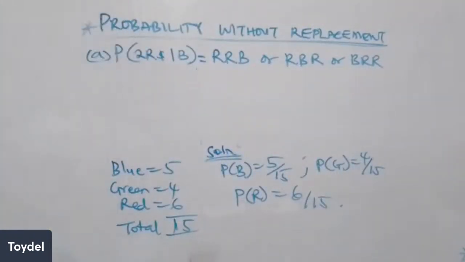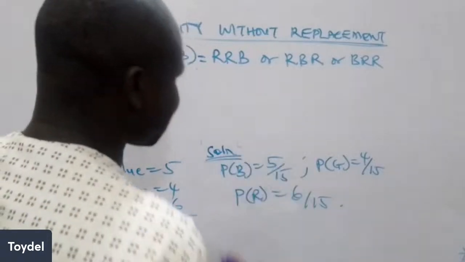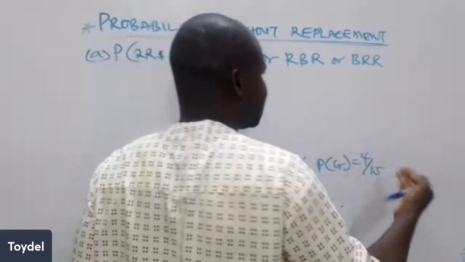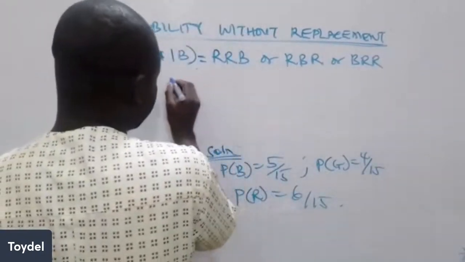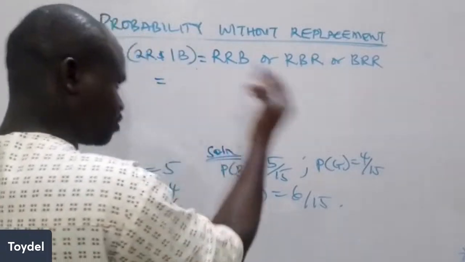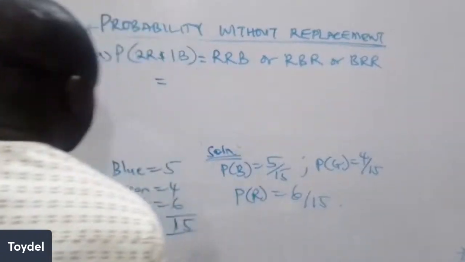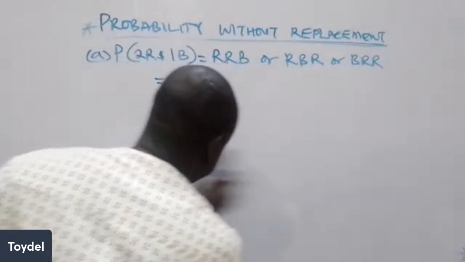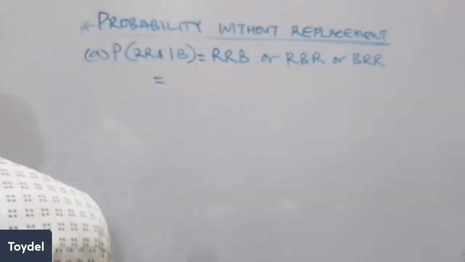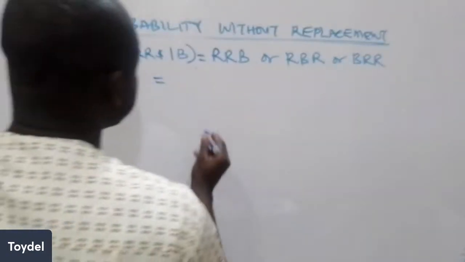If this is the case, we are still going to get the same thing because they keep reducing by 1. After this, I'll go ahead and solve the problem. This is what I'm saying.